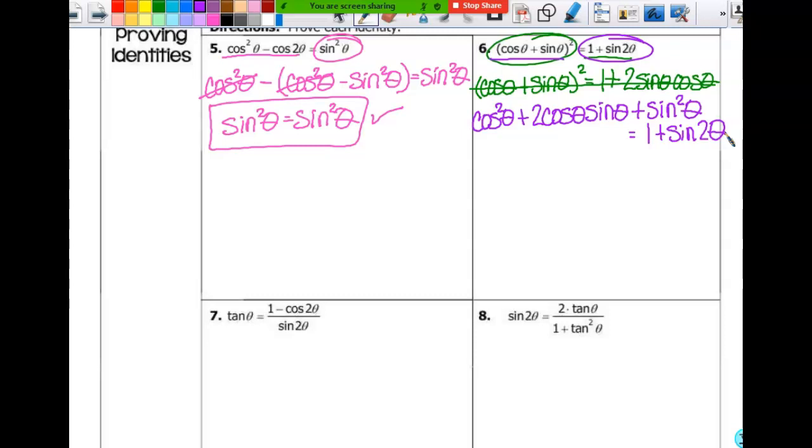So now when I look at that left-hand side, I got some squareds. And when you got some squareds, what's the first thing we've been looking at on this chart? Pythagorean identities, right? So do you see something we could use a Pythagorean identity for here? Yes, good. The cosine squared plus sine squared, that's 1. So I get 1 plus 2 cosine theta sine theta equals 1 plus sine 2 theta.